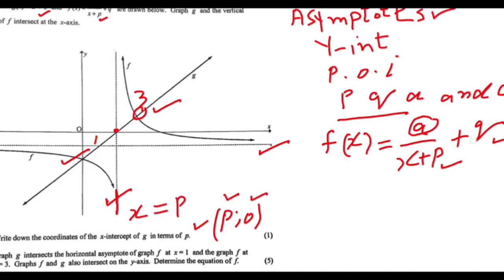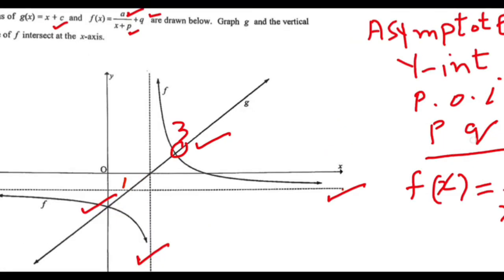But this one we're going to solve according to the equation of the graph which they give us. We have no other information, so we're going to solve according to this equation.